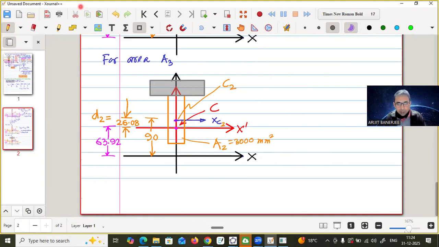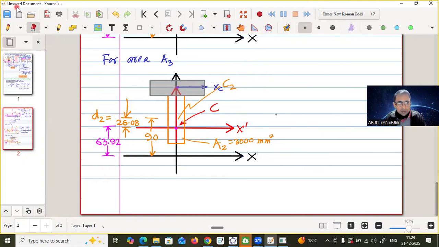That means we will now transfer this through the centroid. Here, this is the centroid. And this is basically XC3.